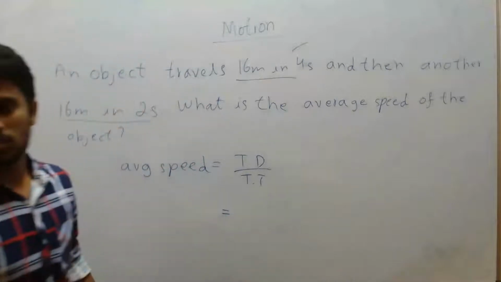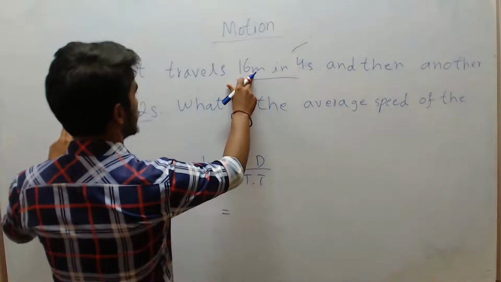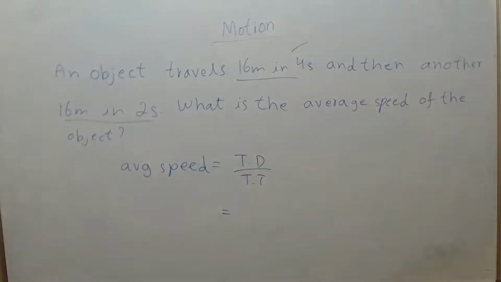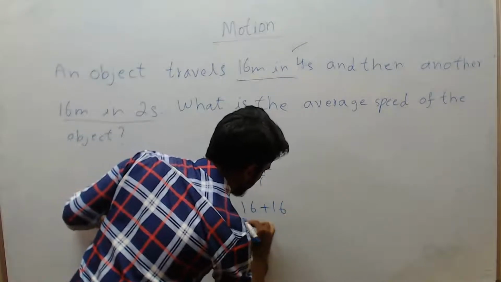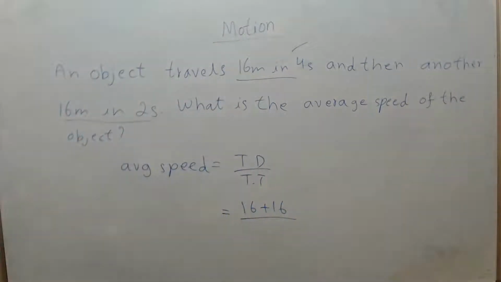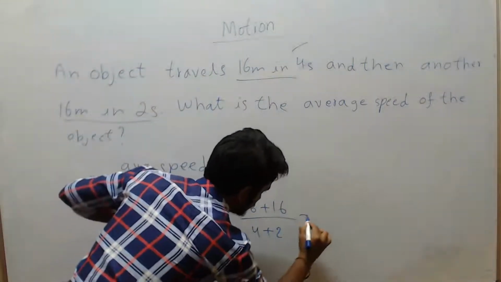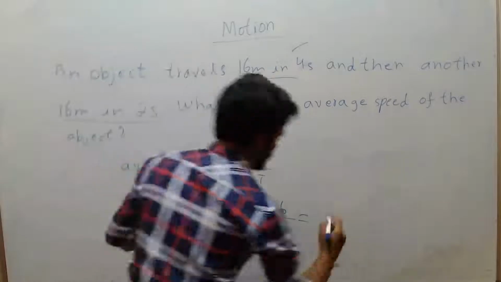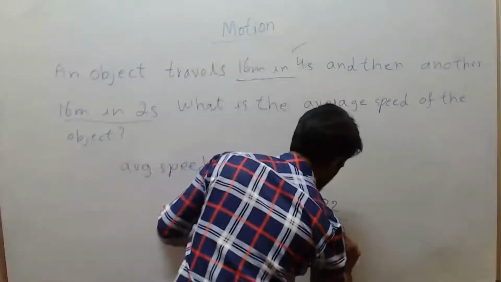Now what is the total distance? First 16 meter, then 16 meter, so total distance is 16 plus 16, which is 32. Then what is the total time? 4 plus 2, which is 6.